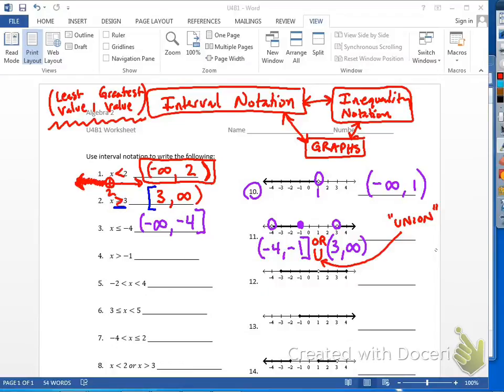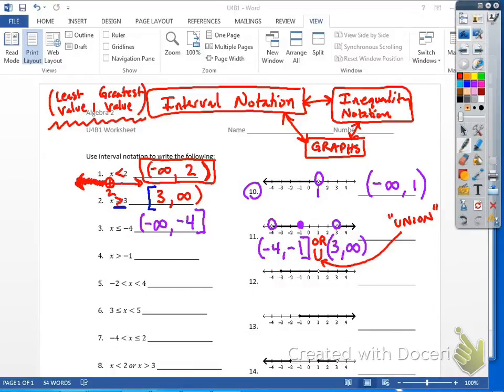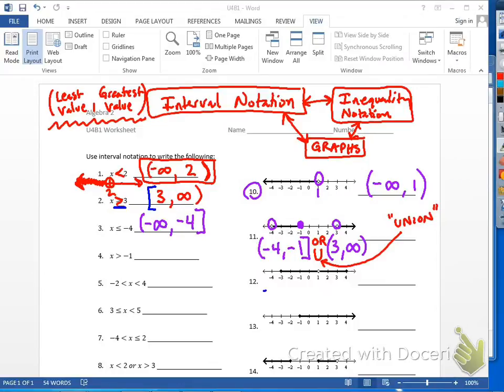So what about number 12? Well, we're talking about the numbers from -3 to +1.